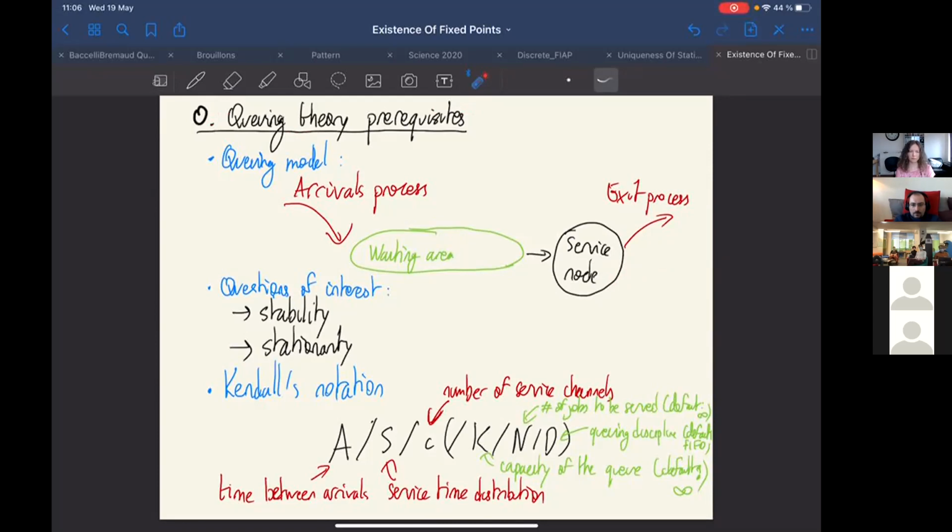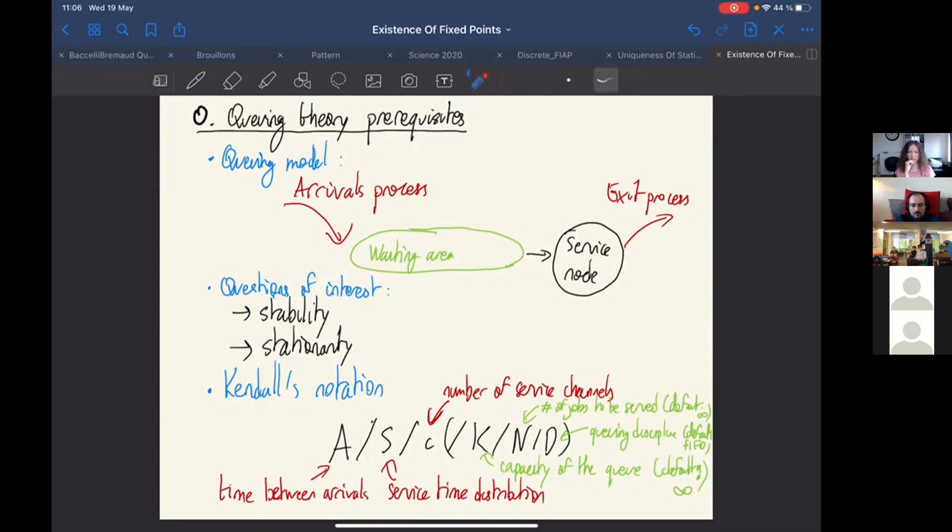And the question of stationarity: if you let time go to infinity, does the behavior of the node converge to some kind of stationary behavior? In some sense, is there some kind of asymptotic regularity of the node?